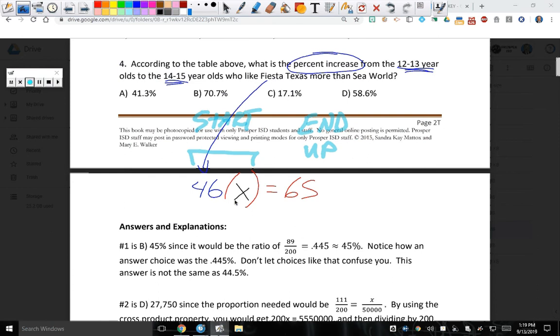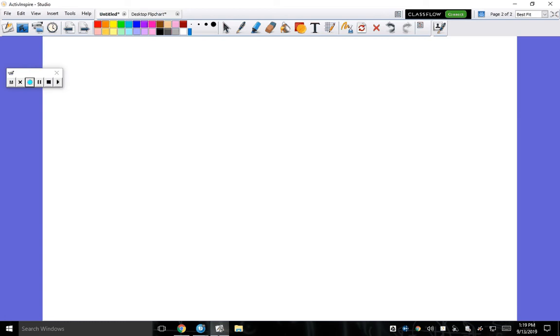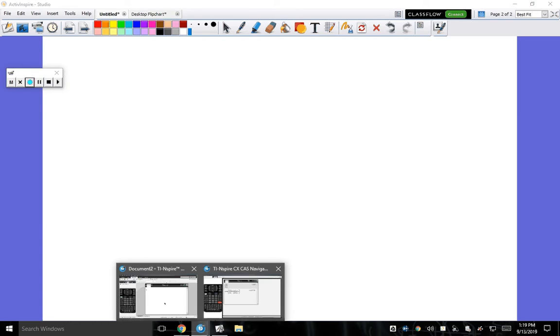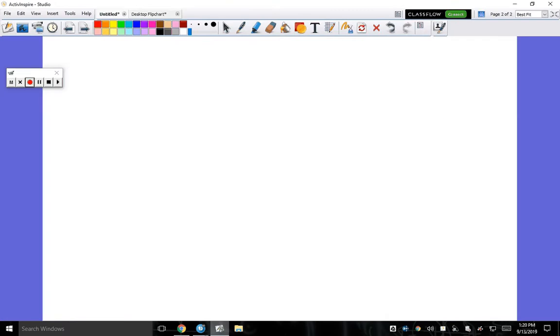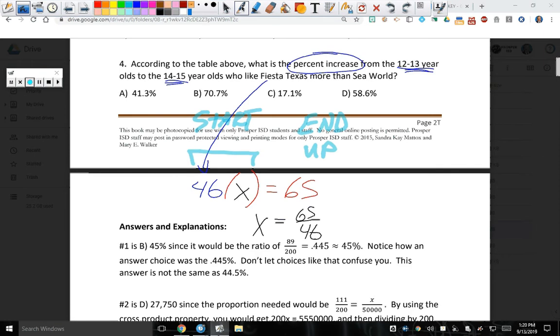So in the calculator or by hand, you could divide this by 46 and you'll see a certain number that is in decimal form. So we're going to do what again? Divide what? 65 divided by 46. And you get 1.413, right? Okay.